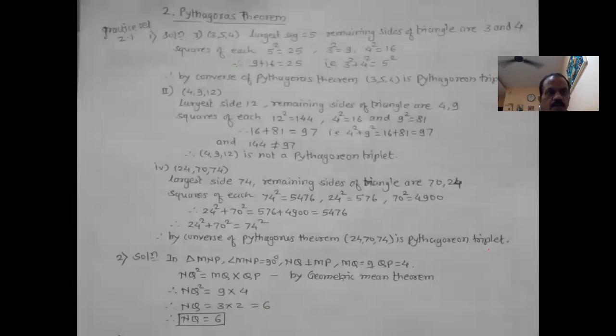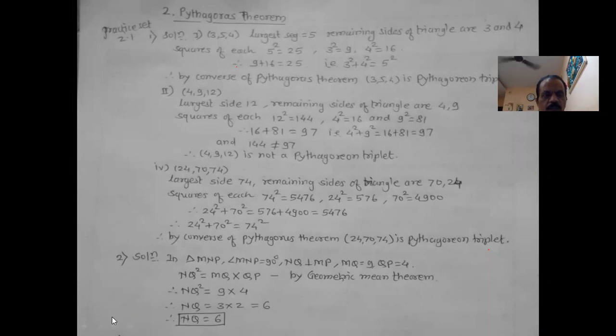The solution: 5, 3 and 4. We get the longest side as 5. Then the remaining two sides of the triangle are 3 and 4. Now the square of each: 5 square is 25, 3 square is 9, whereas 4 square is equal to 16.